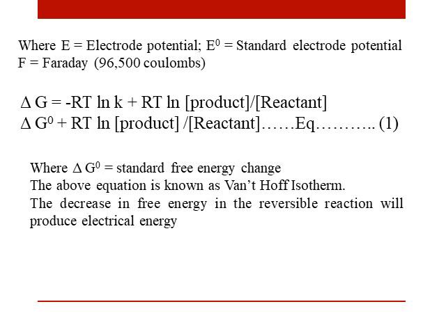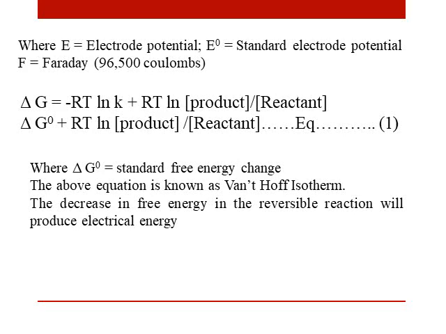The Van 't Hoff reaction isotherm for the above equation is delta G equal to minus RT ln K plus RT ln of the concentration of the product divided by the concentration of the reactants. So delta G equals delta G naught plus RT ln of product by reactant, equation 2, where delta G naught is the standard free energy change.